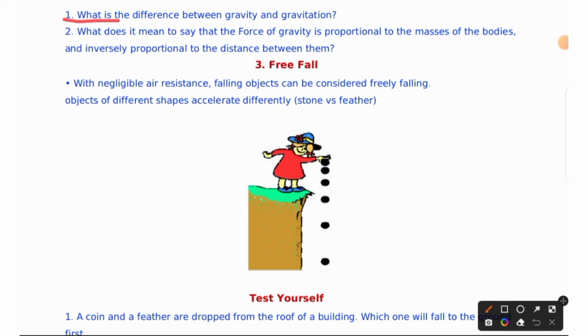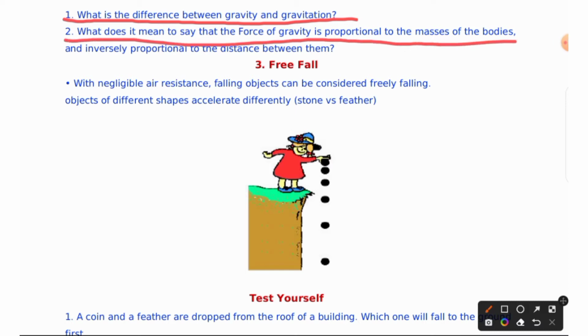Test yourself. What is the difference between gravity and gravitation? What does it mean to say that the force of gravity is proportional to the masses of the bodies, and inversely proportional to the distance between them?